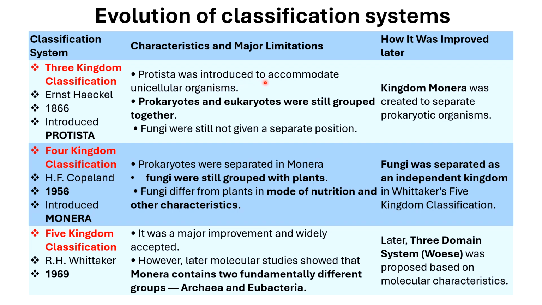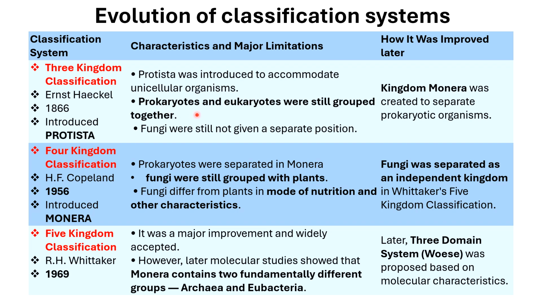So whatever organisms had a single cell in them were placed under the kingdom Protista, and others that were multicellular in nature were grouped into kingdom Plantae or kingdom Animalia. Clear?